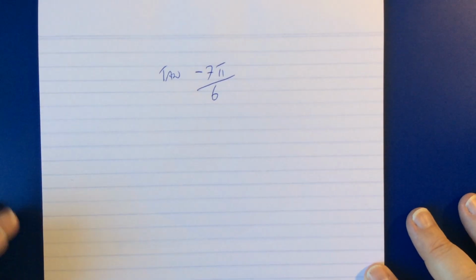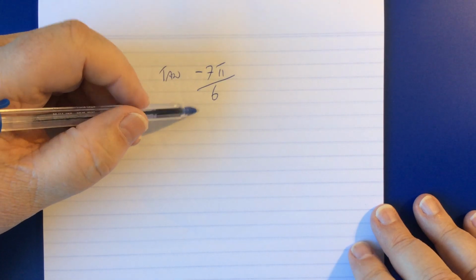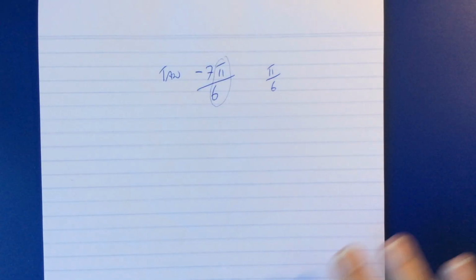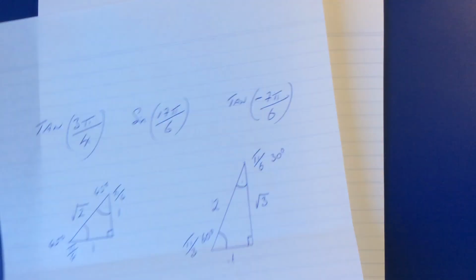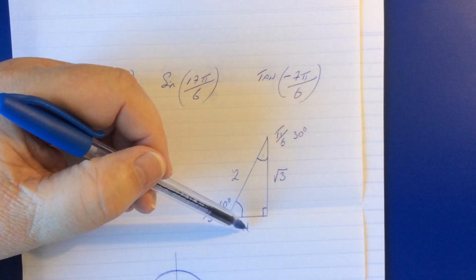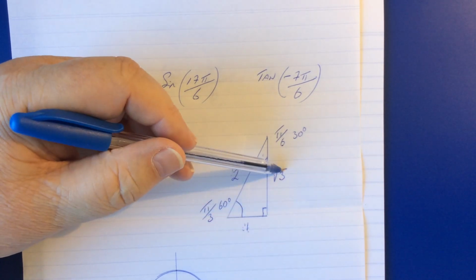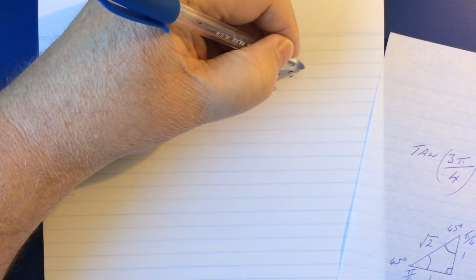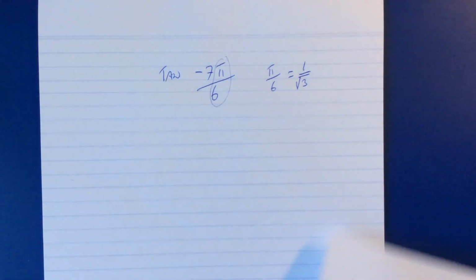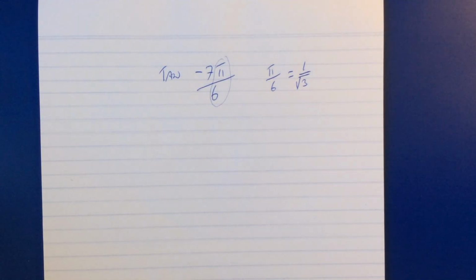Now, again, we're looking at our base angle here, pi on 6, and the tangent of pi on 6 is 1 over root 3, opposite over adjacent. So that is equal to 1 on root 3. And we'll see where that takes us in the scheme of things.